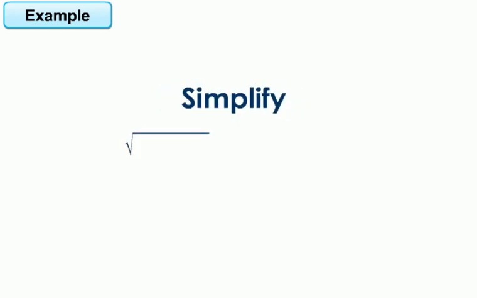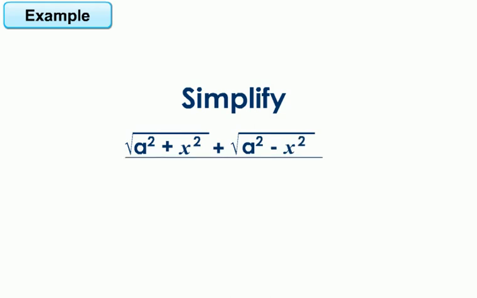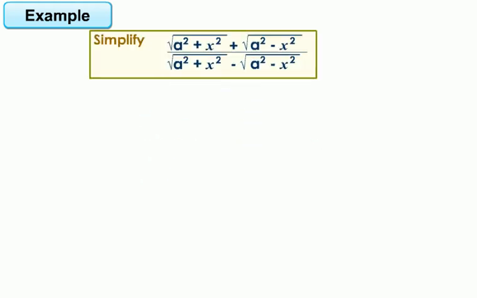Students, now look at this problem. It says simplify (under root a square plus x square plus under root a square minus x square) by (under root a square plus x square minus under root a square minus x square).